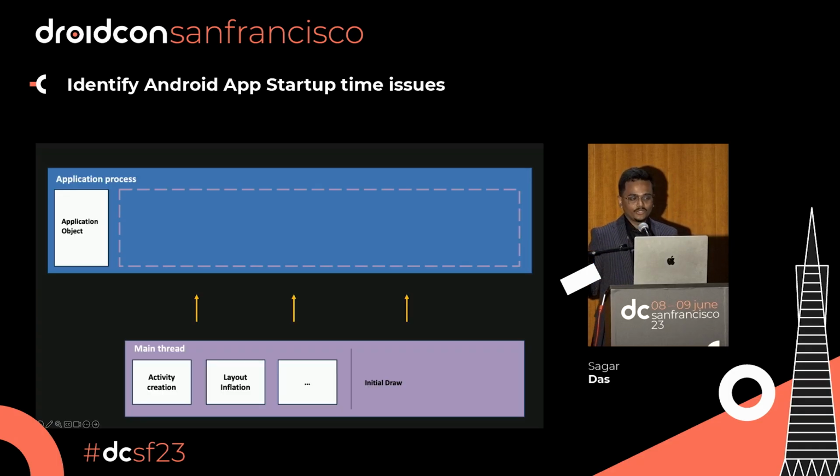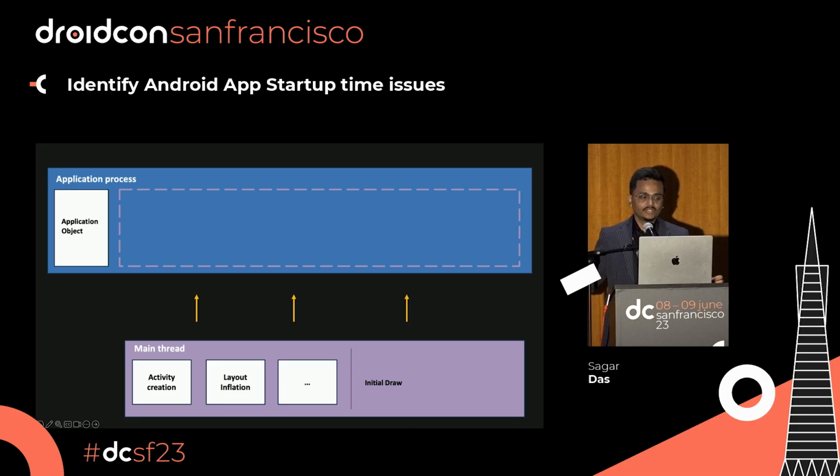Now, in a visual representation, it will look something like this. You have an application process existing. The application object was already initialized and present in the memory. All the operating system does is bring forth the operations related to main thread launch, activity creation, layout inflation, and so on. So compared to cold startup, the amount of time taken by the operating system is definitely less, because cold startup is initializing everything from scratch.